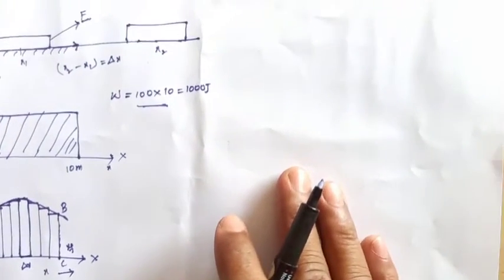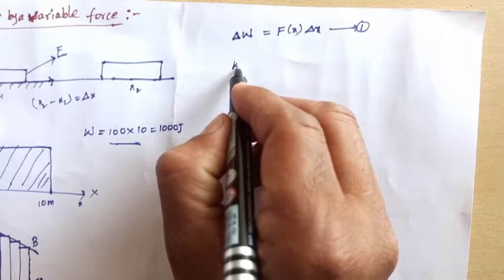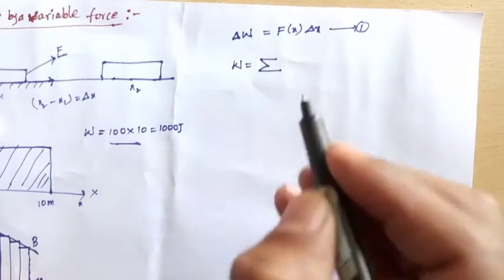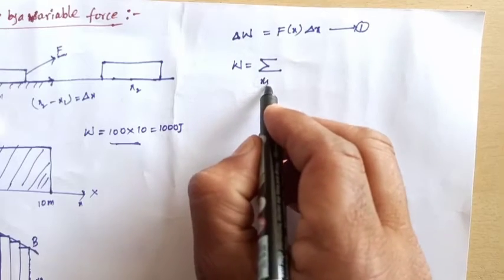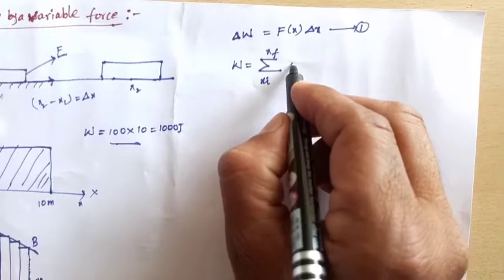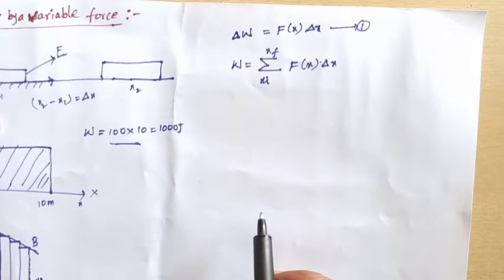So then here we have taken the total work, W equals summation from xi to xf of f of x into delta x.